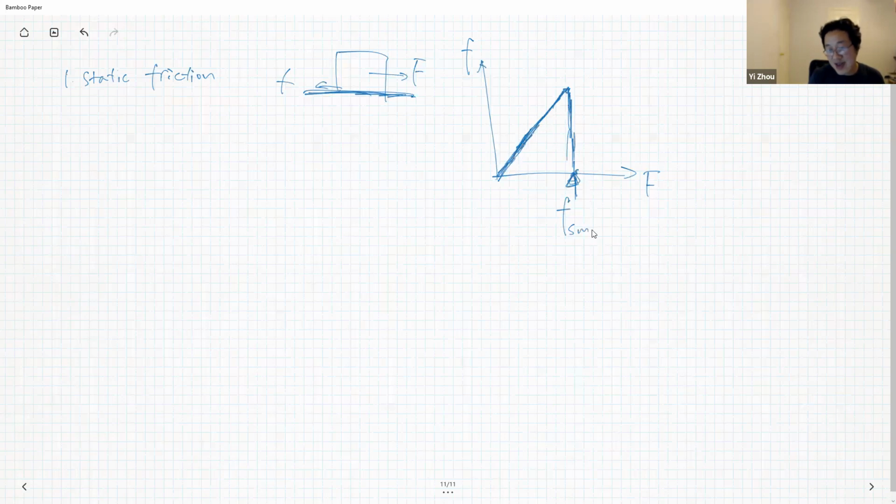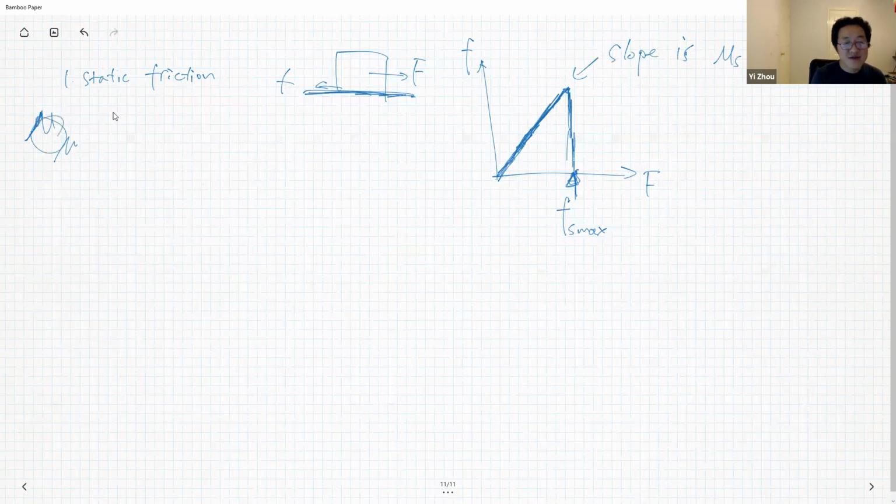We can say this is Fs max. But how do we define this slope? For static friction, this slope is called mu s. Mu is a Greek letter. It's just like a u, but you add something on the left.